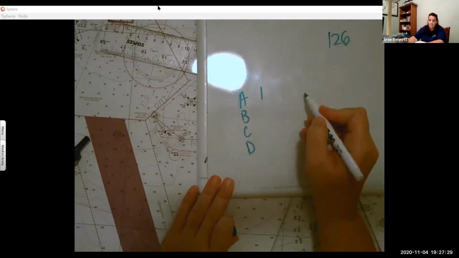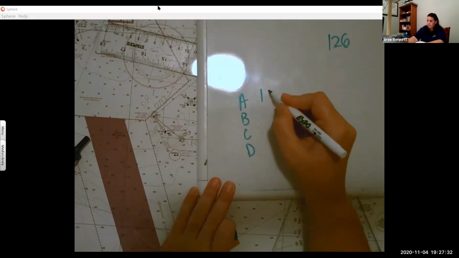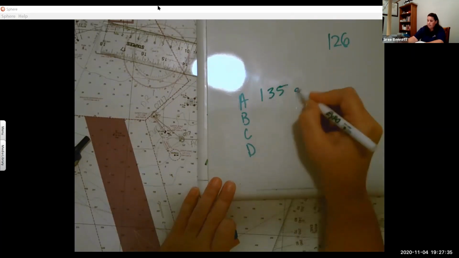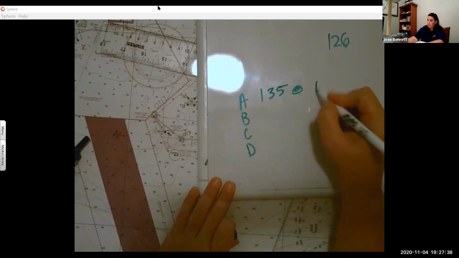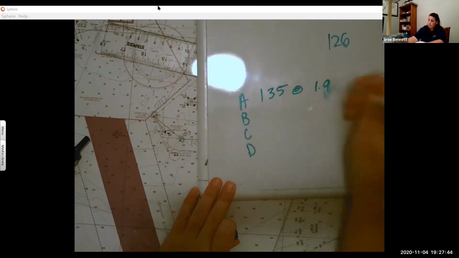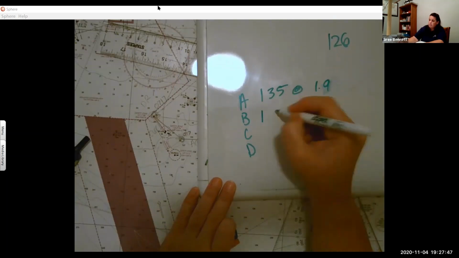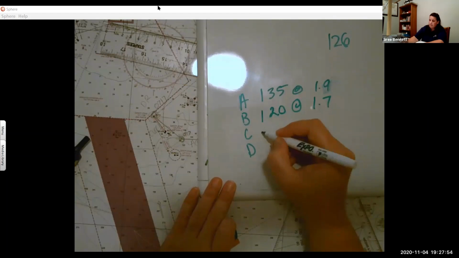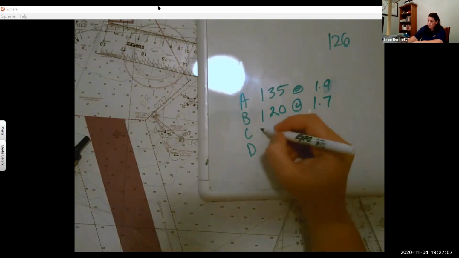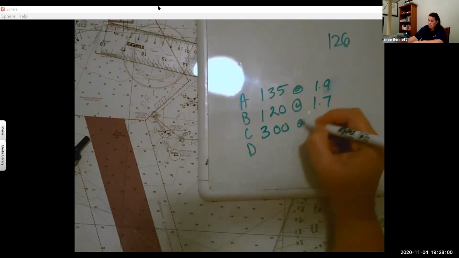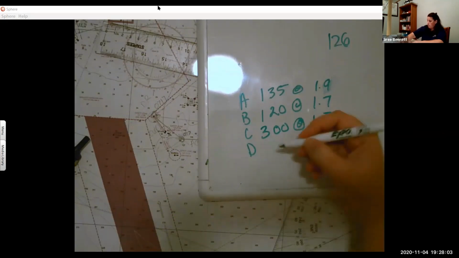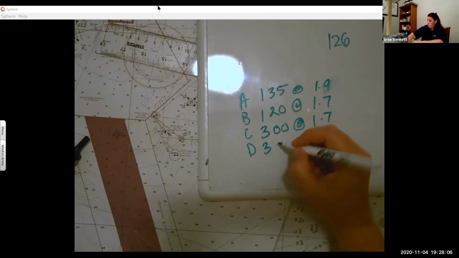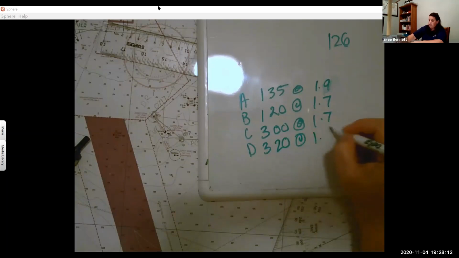So examples for answers from the Coast Guard would be 135 at 1.8, I'd call it 1.9, 120 at 1.7, and then 300 at 1.7 and 320 at 1.9.